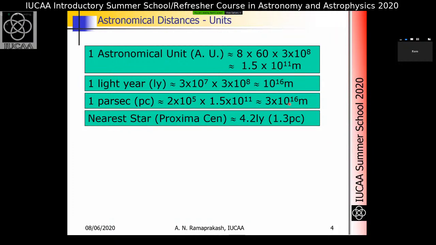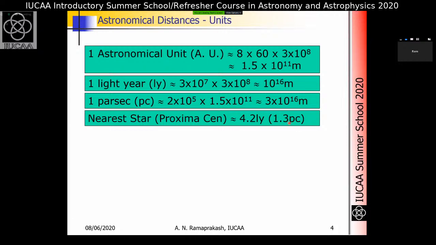Now, if I take the nearest star from Earth, from the Sun, it is called Proxima Centauri. Proxima Centauri is about 4.2 light years away, or about 1.3 parsecs away from the solar system. So if I put the Sun here, the nearest star is about a parsec or so away.